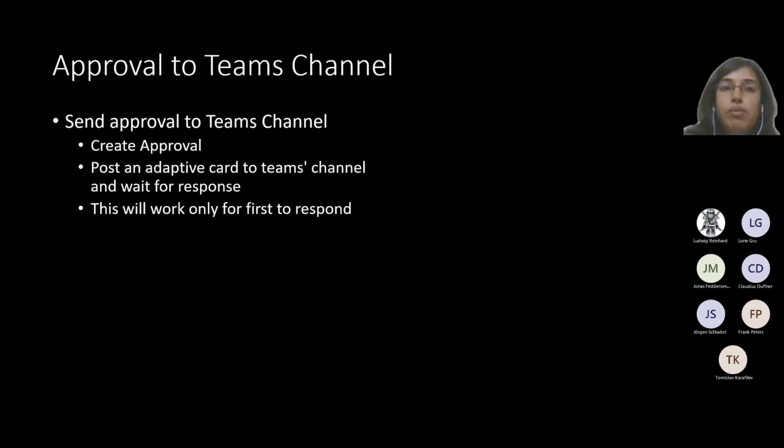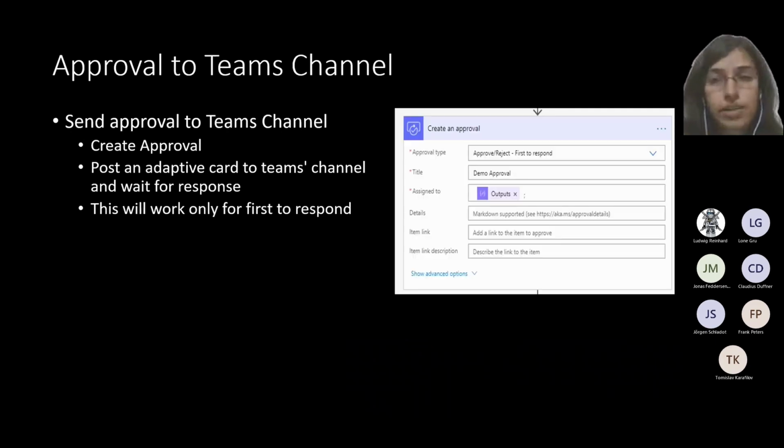Then you can also send approval to the Teams channel. For example, if you want to send an approval to the Teams channel, you create the approval just using the create an approval action, and then you post the output of the approval action as an adaptive card to the Teams channel. But in this case, it will only work for the first to respond scenario.